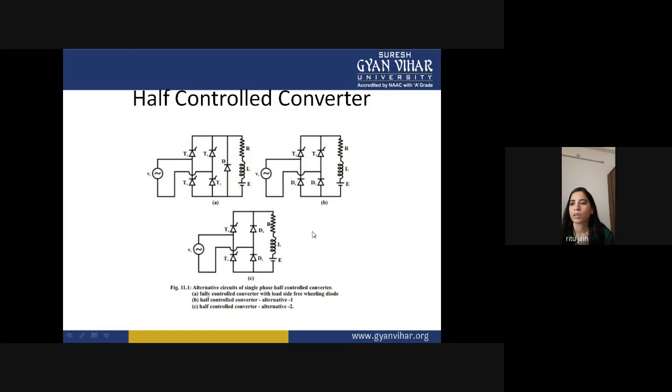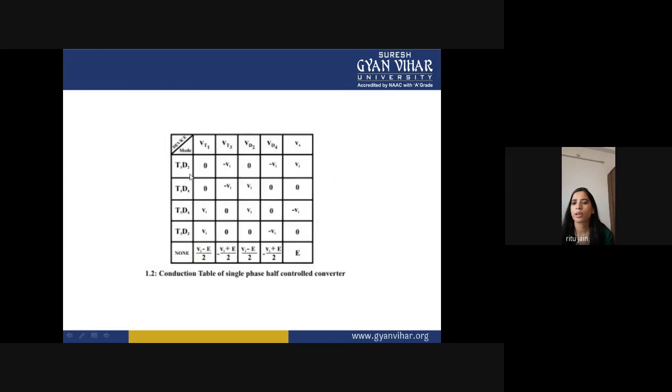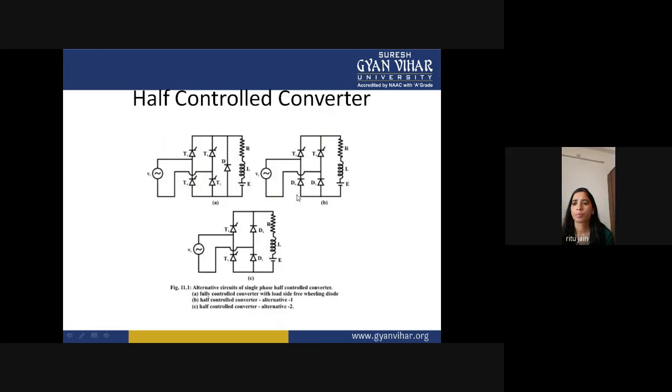The voltage across the SCR T1 is equal to 0, the voltage across T3 will be minus V1, the voltage across VD2 is equal to V1, and VD4 is equal to 0, and the output voltage is 0. Why is this happening? Because the circuit is not completed, so you will not get any output voltage.